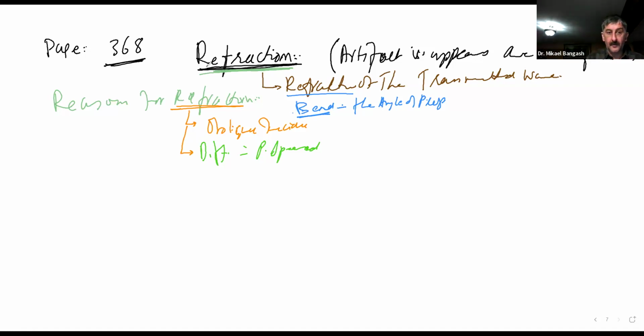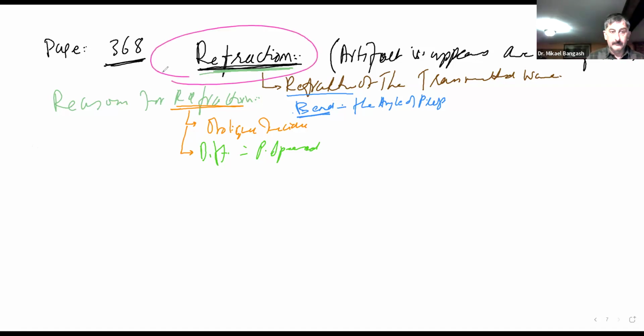That bend was what we call a refraction. These were the two requirements to be fulfilled before a refraction, which is a bend in the sound beam, can occur. But that refraction, the bend caused by these two requirements, produces an artifact, or refraction artifact.